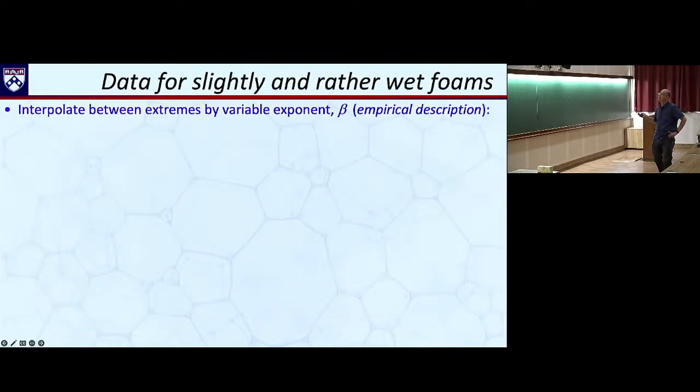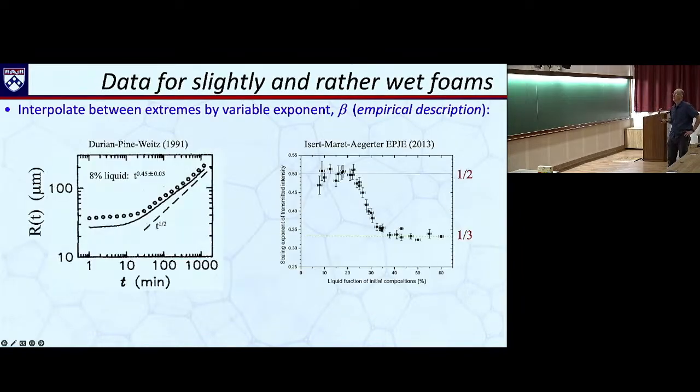All right. So how does it look? Well, here's the story before the microgravity experiments came along. So I mentioned last time that I did this for an 8% liquid shaving foam and found an exponent that was certainly not a half, if you fit to a scaling form, right?